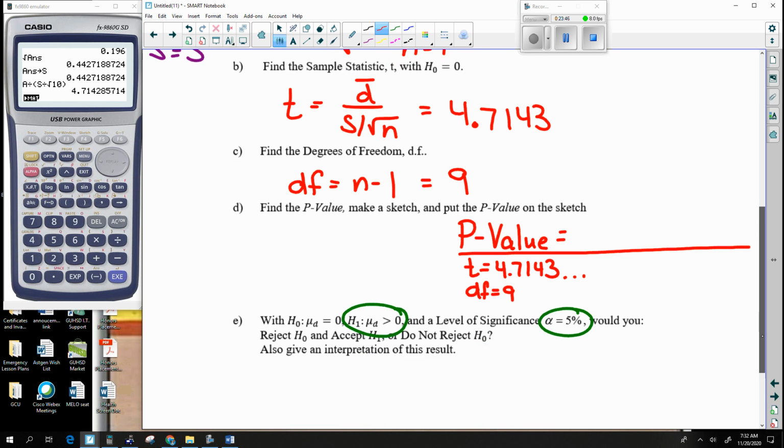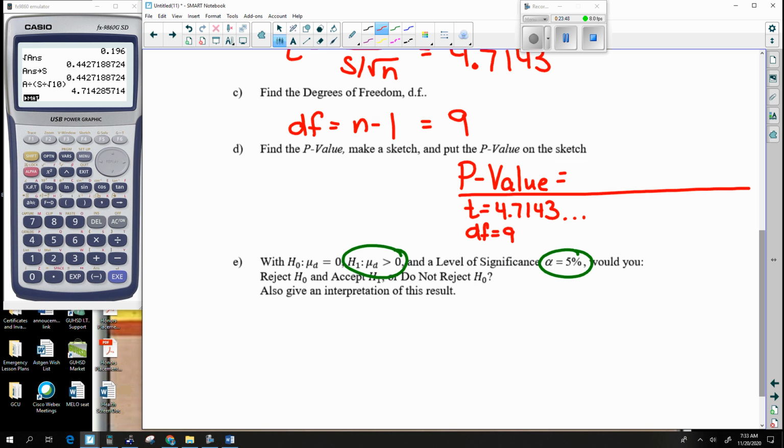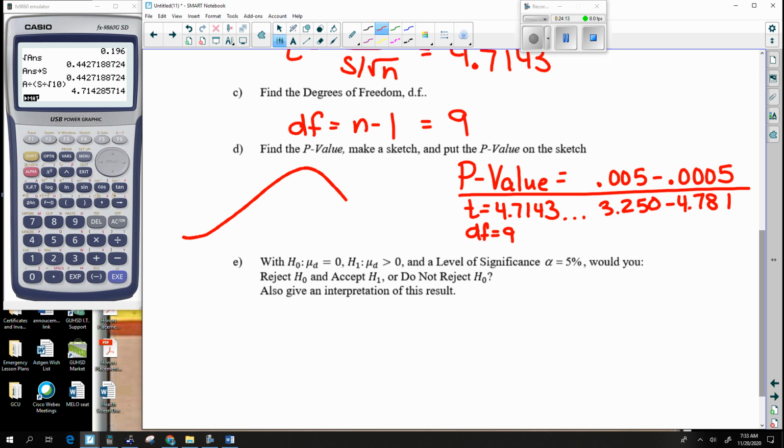All right, so back to the work. So this fell in between 3.250 and 4.781. Looking up, that was in between 0.005 and 0.005. Two incredibly small numbers, you're most likely going to reject in this situation. Okay, this is a right tail.